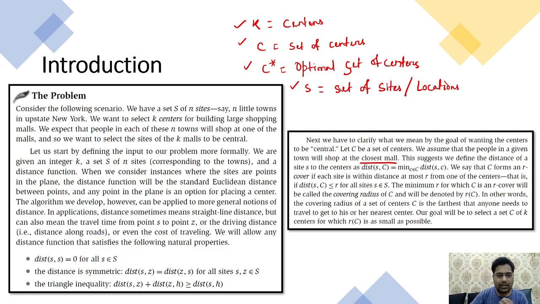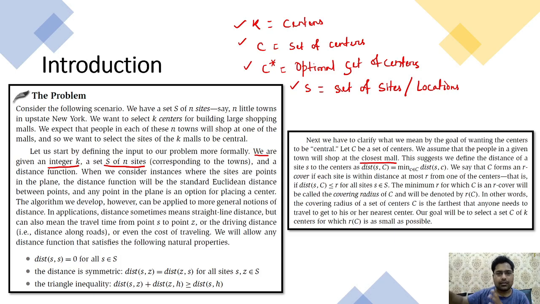Next, we will be reading exactly what is written. I'm reading line by line and telling you why it is written and how we will get through this content. So we are given k integers, which I said are just the centers for us. A set S of n sites. That means we will have certain locations, up to n.